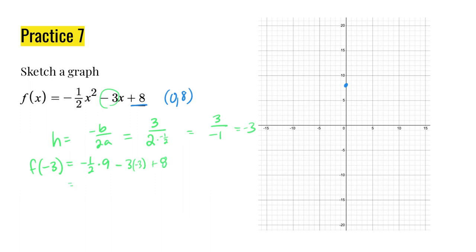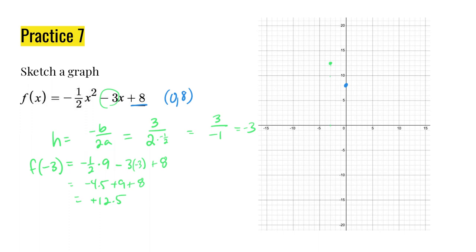So let's see, I get negative 9/2, which is negative 4.5, plus 9 plus 8 gets me 17 minus 4.5, that's positive 12.5. So it's pretty gross. Negative 3, 12.5. But let's check that out. So I'm going to go negative 3, 1, 2, 3, and up to 10, 11, 12, and it's a half right there. So there is my vertex.